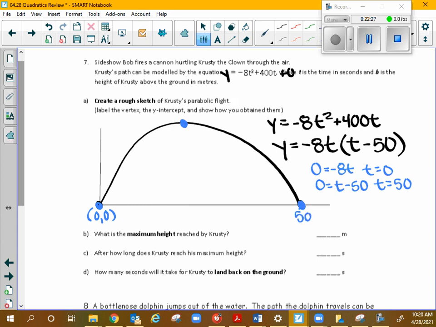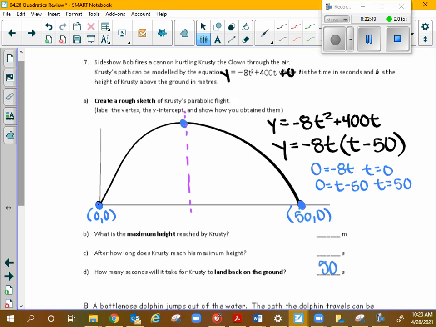So that tells me he was launched at (0, 0), and he lands at (50, 0). So after 50 seconds, he lands. So after how many seconds will it take for Krusty to land back on the ground? 50 seconds. Okay, how does that help me find this? Average then.